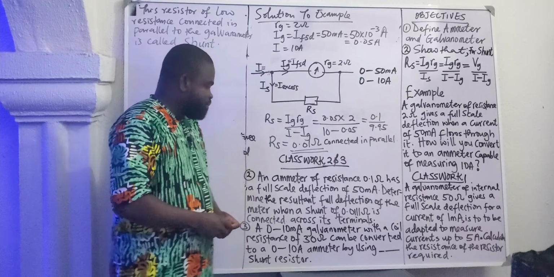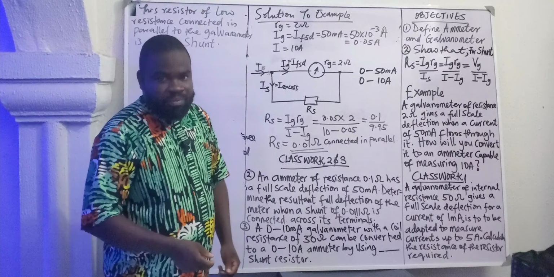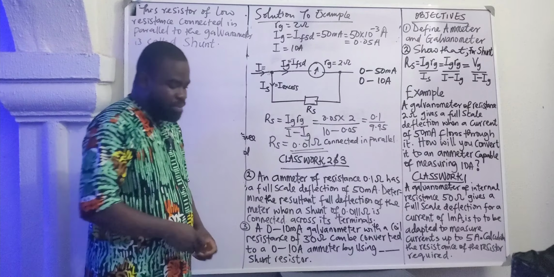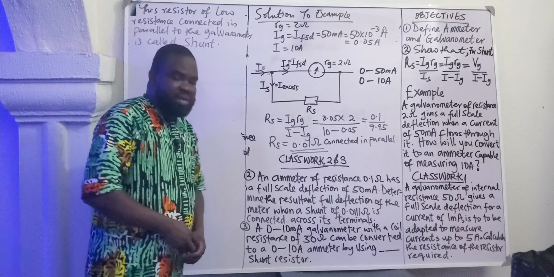There are questions where they give you the value of the resistor of the shunt, as given in this example, and then they ask you for the rating of the galvanometer. It is possible. Or they give you the value of the shunt and the rating of the galvanometer, and ask you the value of the maximum current I that you can now adapt it to read. So all you have to do is to make I the subject of the formula in that question.